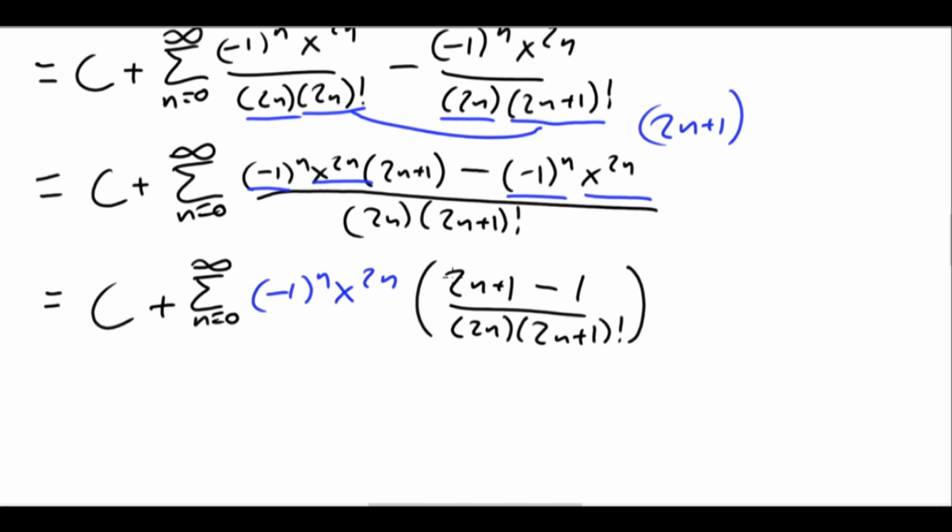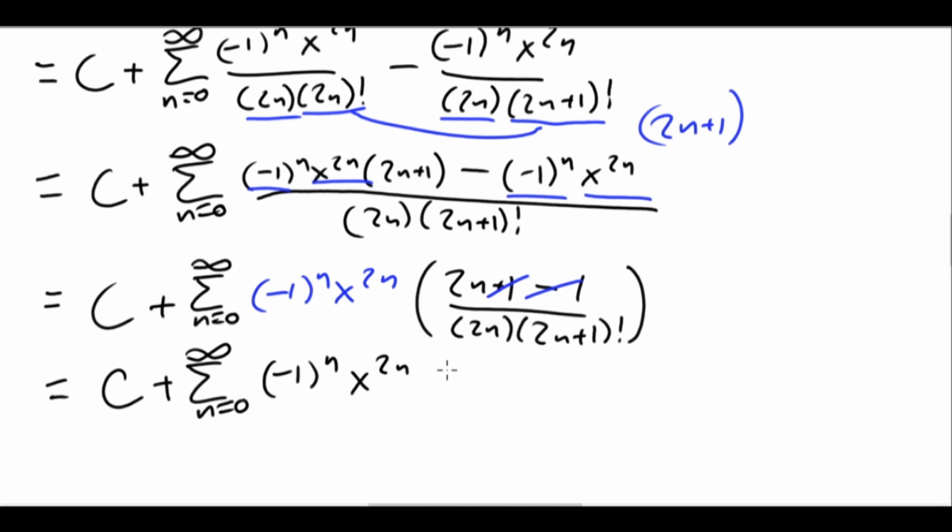So it should be pretty obvious. This plus 1 and this minus 1 are going to divide out. So this is going to leave us with c plus the sum from n equals 0 to infinity of negative 1 to the power of n, x to the power of 2n, times 2n over 2n times 2n plus 1 factorial.